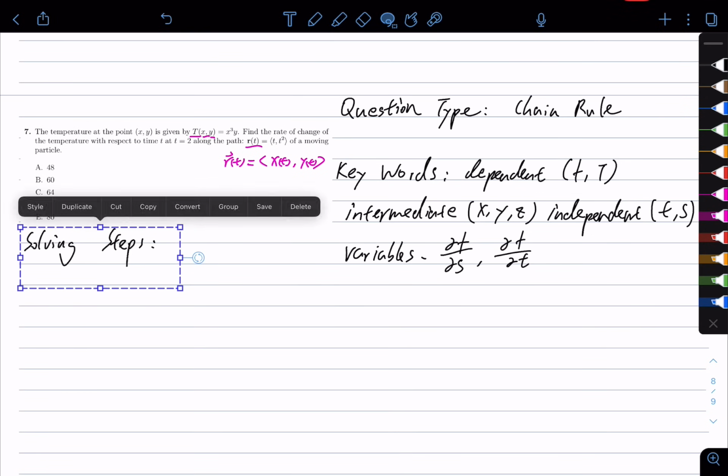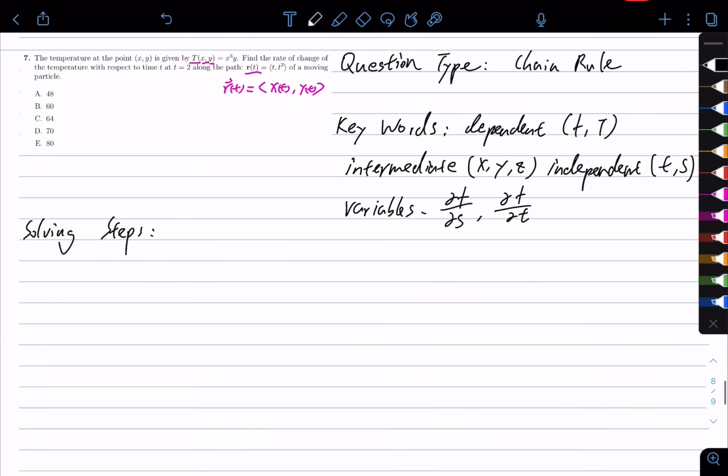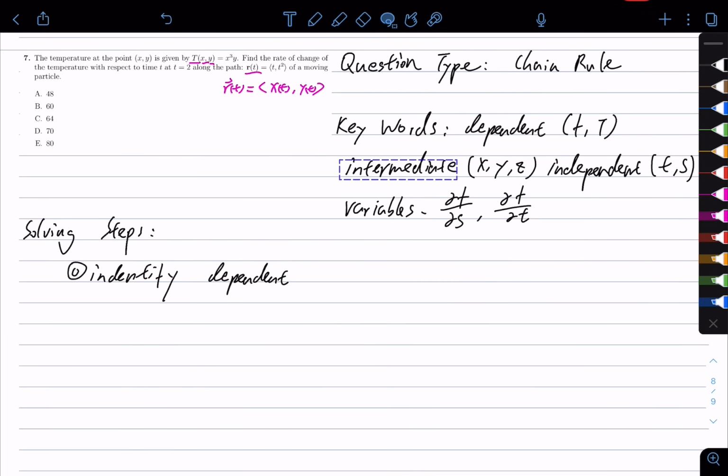So how are we going to actually solve the problem? Let's start with the first step, which in my opinion is always going to be, I'll call it step 0: identify the dependent, intermediate, and independent variables.